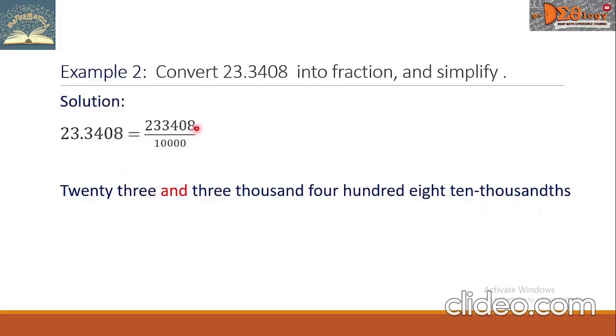In the numerator, we copy our decimal without the decimal point over the 10,000 value, which is coming from the place value of the last digit, which is 8. And then let us express our denominator as 10 raised to 4.